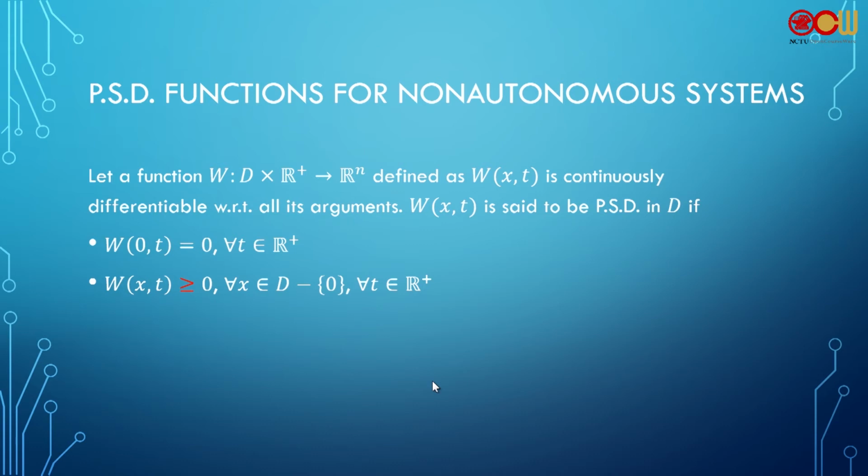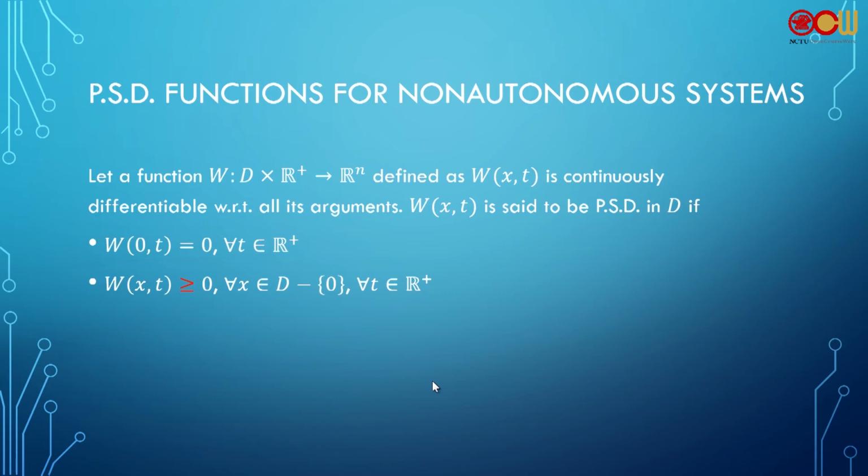So we have defined PSD functions before, right? But those were for autonomous systems. For non-autonomous systems, PSD has a slightly different definition, because before we defined PSD with V, which is now a function W of time, because these are non-autonomous systems.